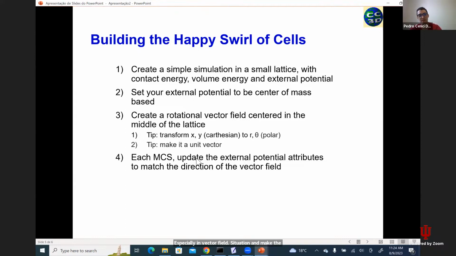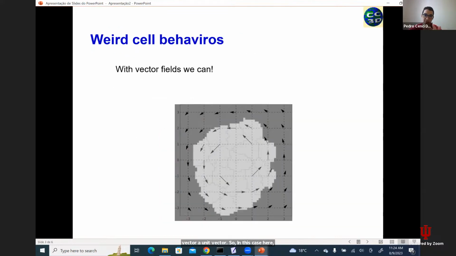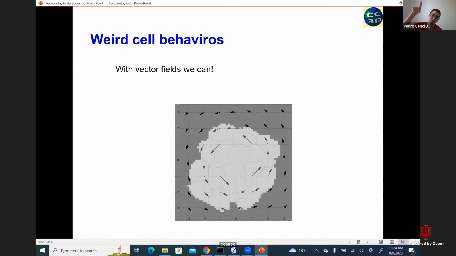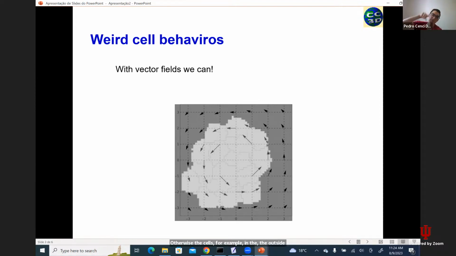So in this case here, this specific vector field is not a unit vector. All vectors would have the same size, but in the simulation, I am using a unit vector because otherwise the cells, for example, the outside cells would travel much quicker than the inner cells, which is not a problem, but they can die because of the excessive force.